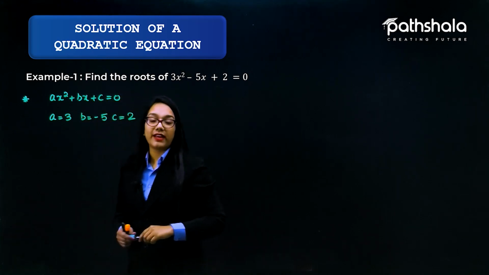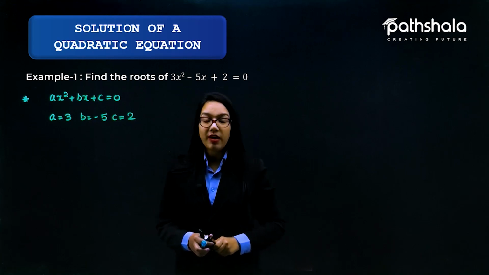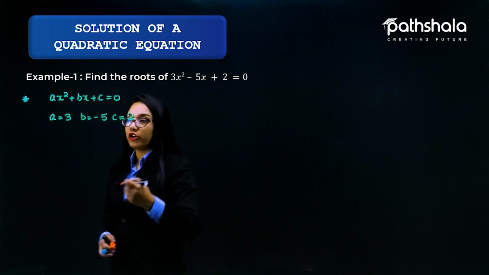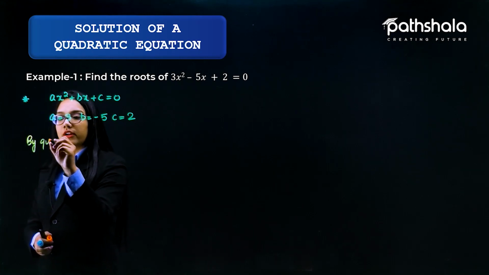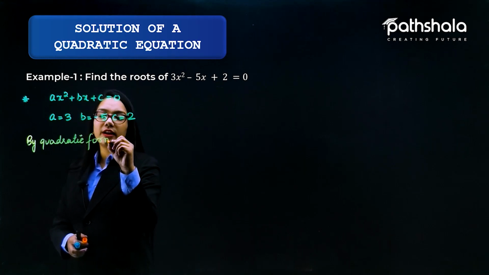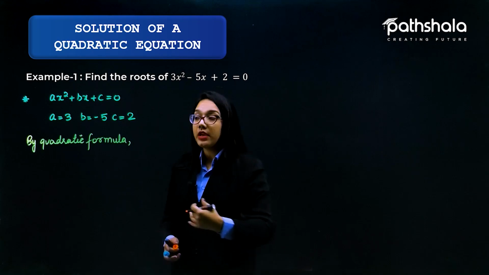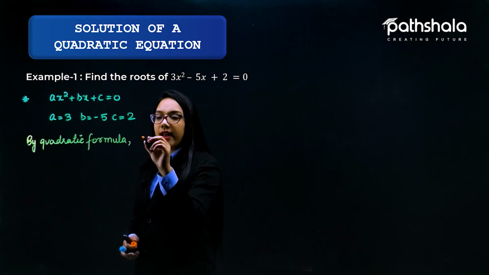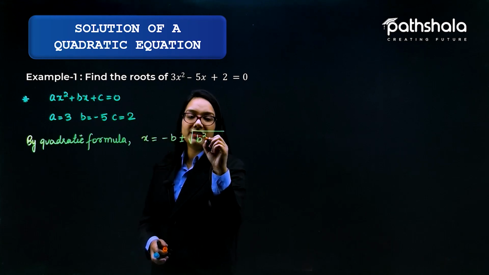As you can see, we have a as 3, b as minus 5, and c as 2. Now further, we do know that by using the quadratic formula, which we can also call the Sridharacharya formula, x is equal to minus b plus minus square root of b square minus 4ac divided by 2a.